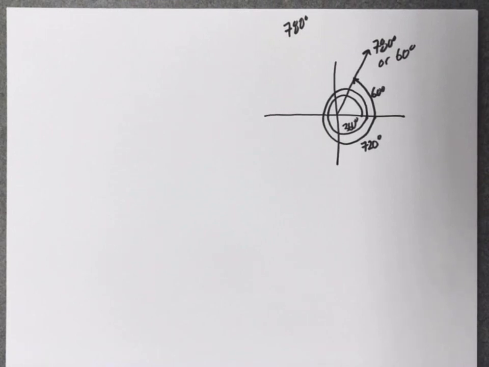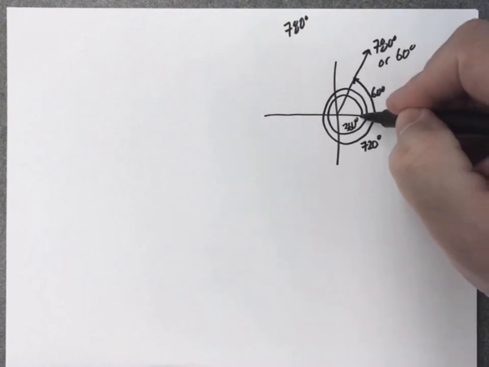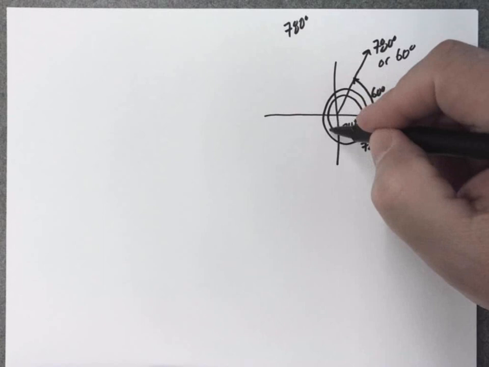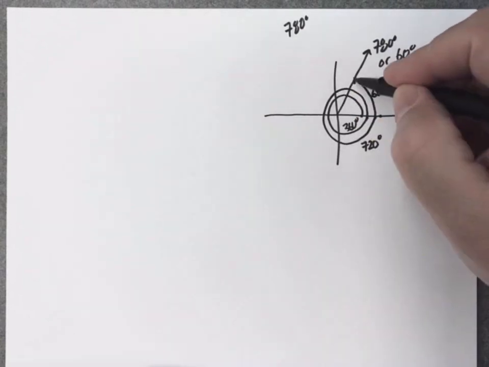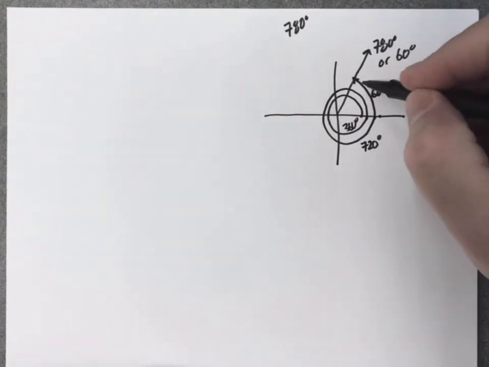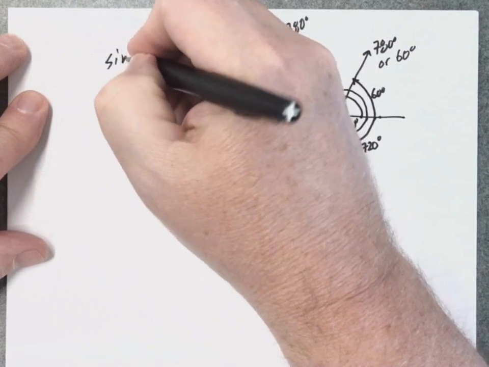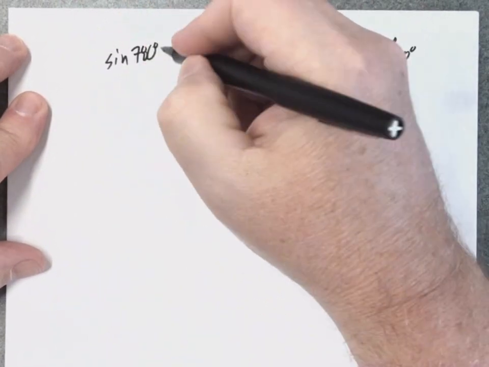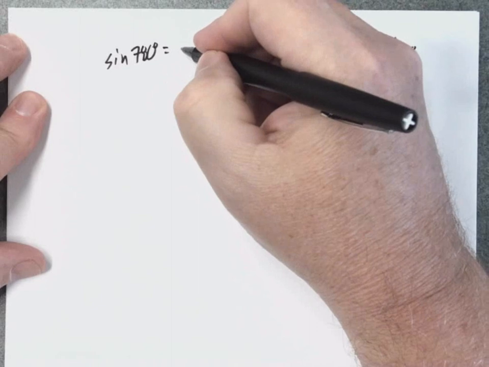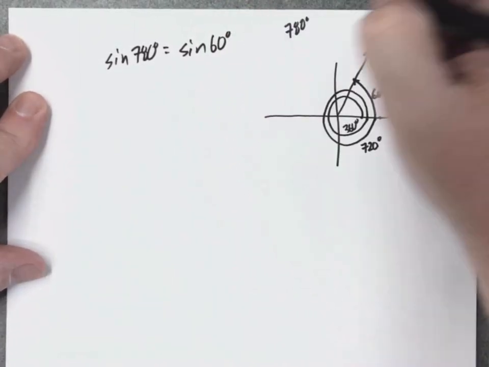Coterminal angles start and stop at the same place. For a 780 degree angle, I start here. I go 360, 720, 780. I stop here. For a 60 degree angle, I start here and I stop here. Now, why this is important is because the trig functions of two coterminal angles are the same.